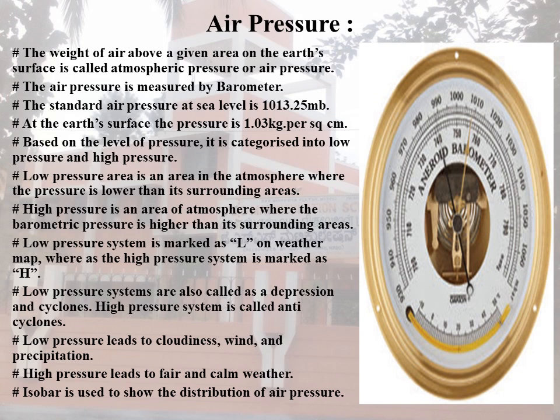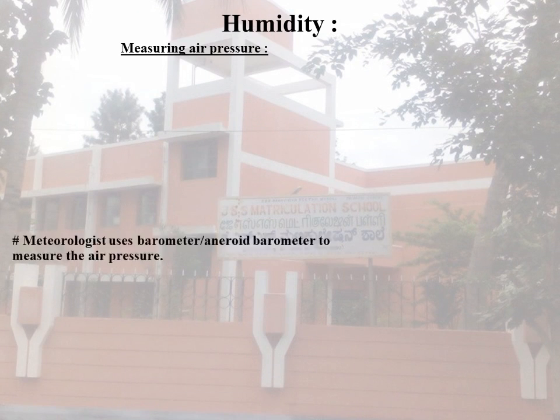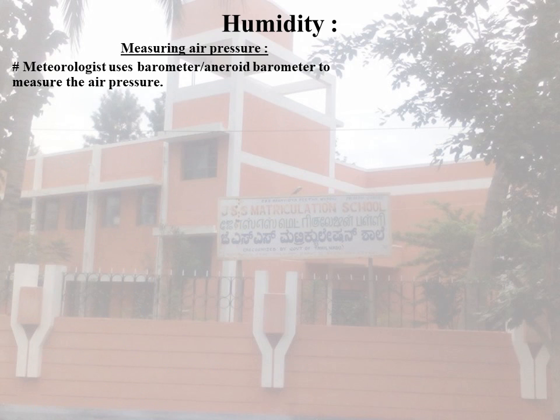Humans are not sensitive to small variations in air pressure, but these small variations largely determine the wind and storm patterns of the earth. The distribution of atmospheric pressure is controlled by altitude, atmospheric temperature, air circulation, earth rotation, water vapor, atmospheric storms, etc. Measuring air pressure: meteorologists use a barometer or aneroid barometer to measure air pressure.